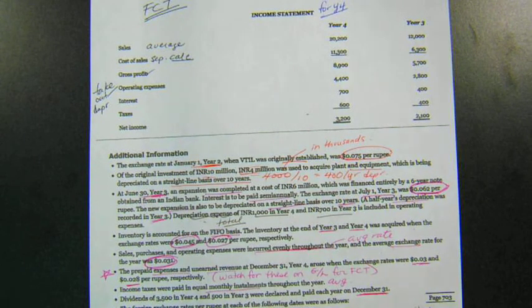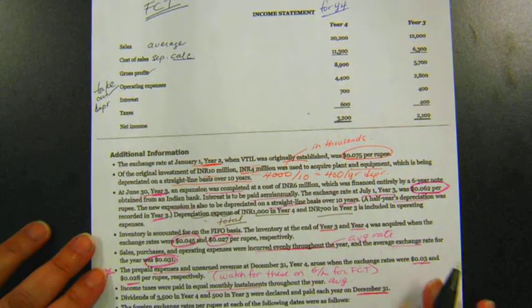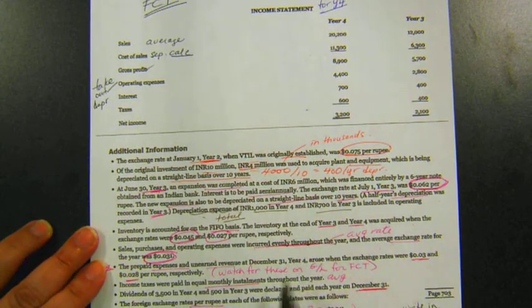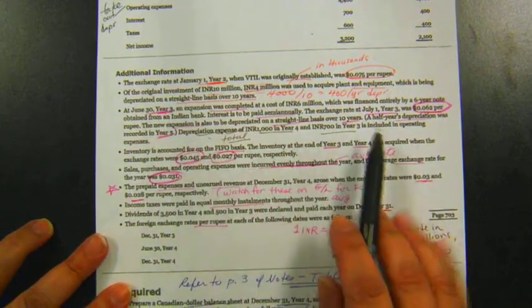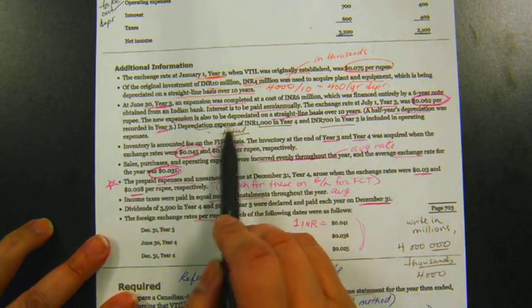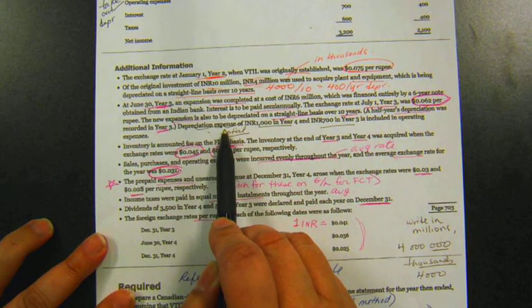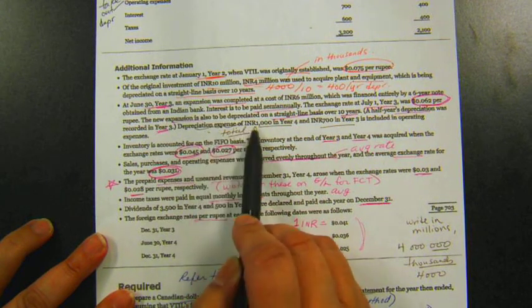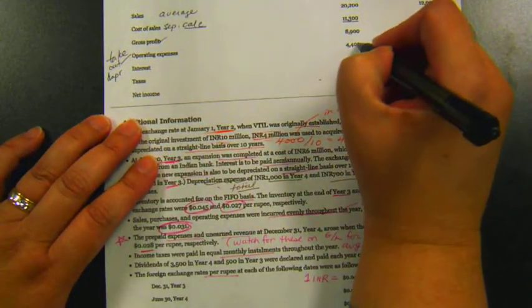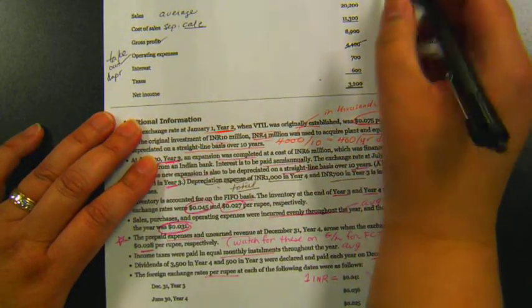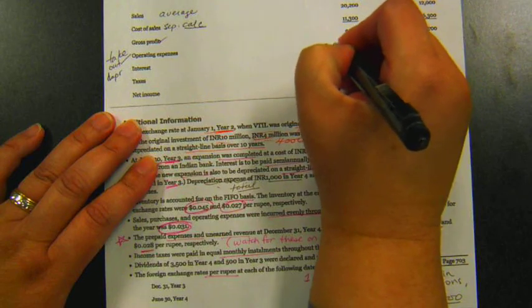Okay, so let's do that right now. Depreciation, somewhere here. Third bullet point, last sentence. Depreciation expense. So this operating expense should only be $3,400.